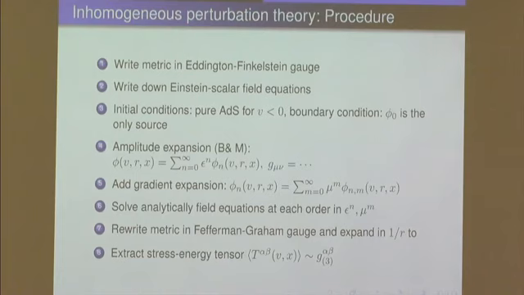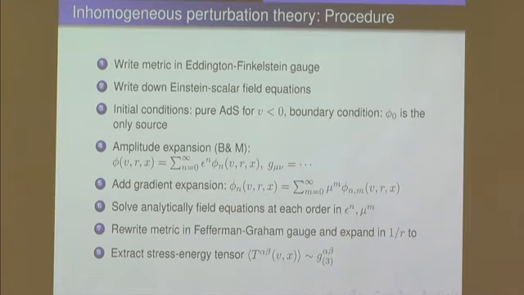So here's the procedure. You take the metric and write it in the Eddington-Finkelstein gauge, write down the field equations, impose the initial condition, pure ADS for early times, and then the boundary condition that it approaches the ADS solution at infinity, and then the only source is that of the sourcing function.